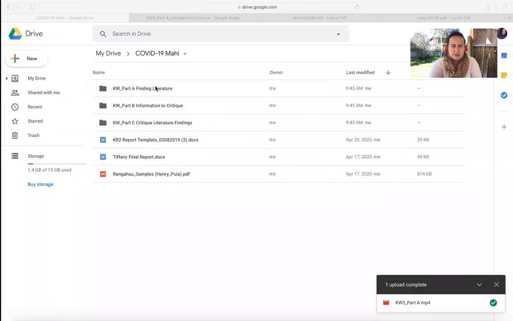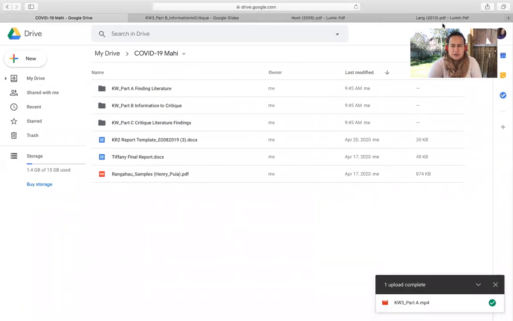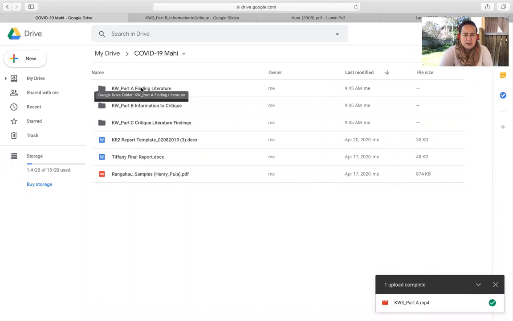We'll just go over it. With session A, or part A, that was about how we can find literature, like using keywords, going to Google Scholar, using the online library to find articles. Part B, once we have found really quality literature, like we found in part A, I'm going to use the same kaupapa and some of that literature we found to carry on.